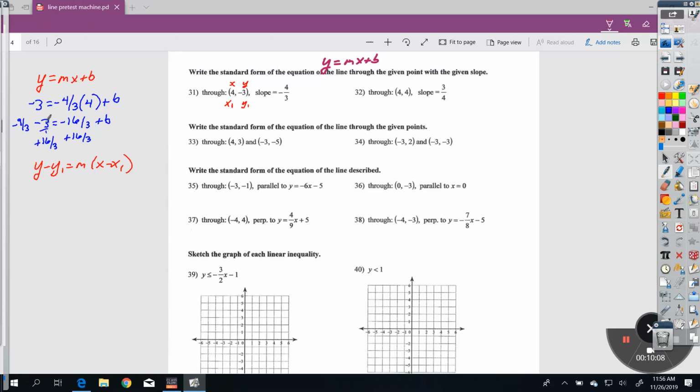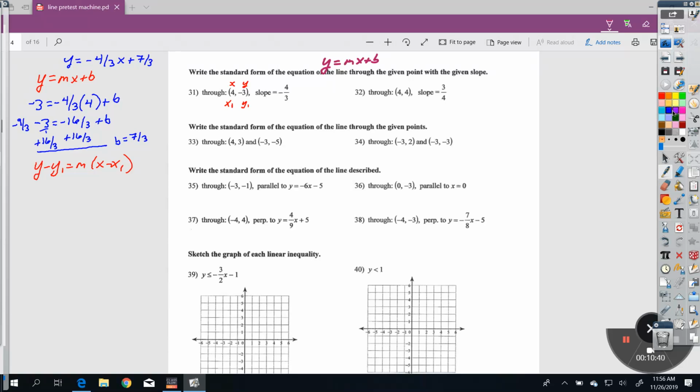Common denominator, multiply top and bottom by 3. So negative 9/3 plus 16/3, I get that b equals 7/3. So I now have the m and the b, so I can just write y equals, not 7/3 x. Y equals negative 4/3 x plus 7/3.